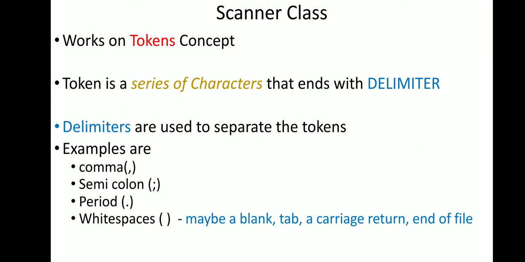Some examples of delimiters are: you can use a comma to separate the tokens, a semicolon, a period (dot), or white spaces. The white space may be a blank, only one blank you may leave between the tokens, or a tab, which is 8 spaces, and a carriage return, that is, moving to the next line, and end of file.